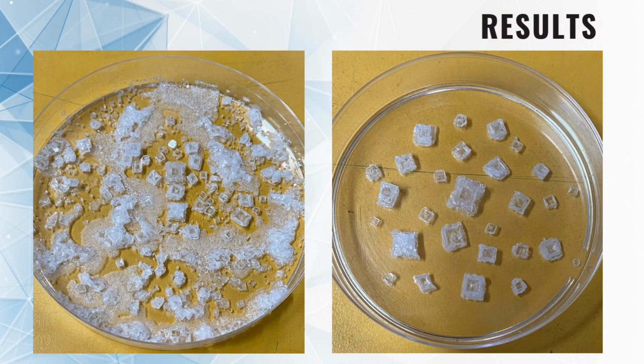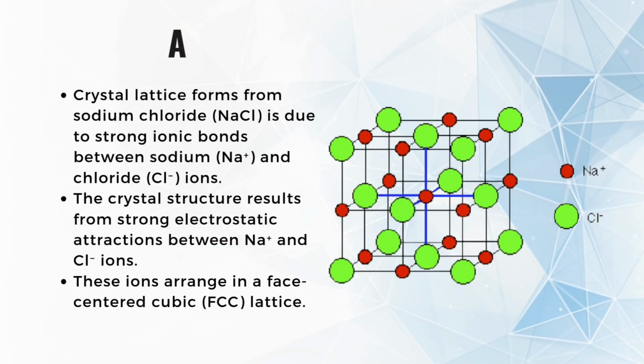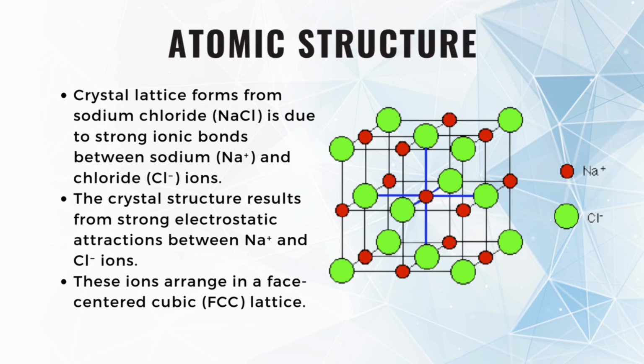The fundamental explanation of it starts with the atomic structure. Sodium chloride is a classic example of an ionic solid. The crystal lattice formed from sodium chloride is due to strong ionic bonds between sodium and chloride ions. The crystal structure results from strong electrostatic attractions between sodium and chloride ions that create a repeating three-dimensional pattern.